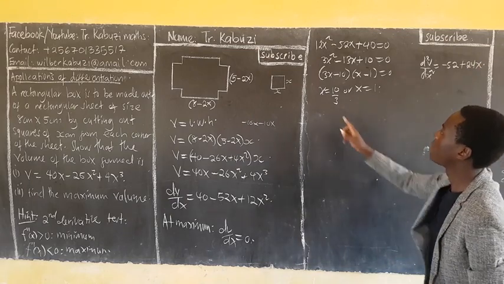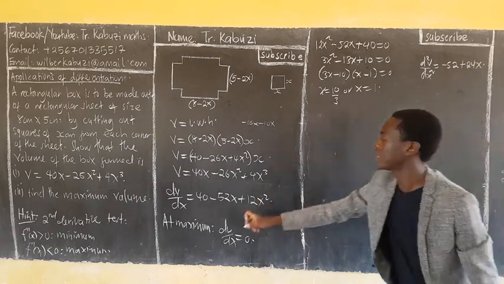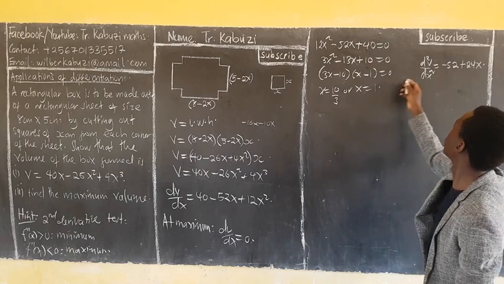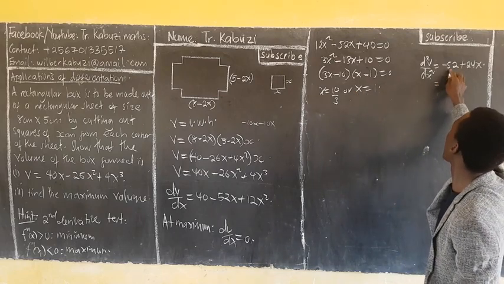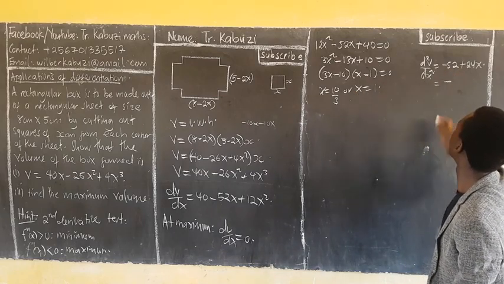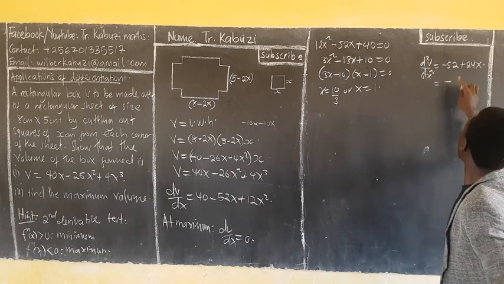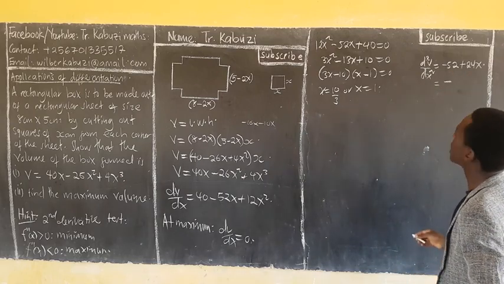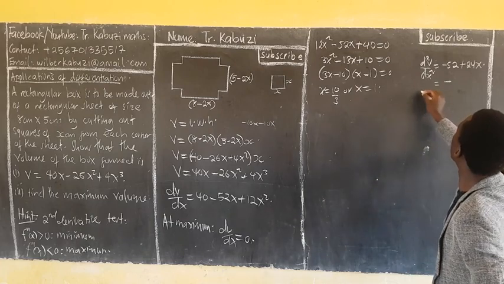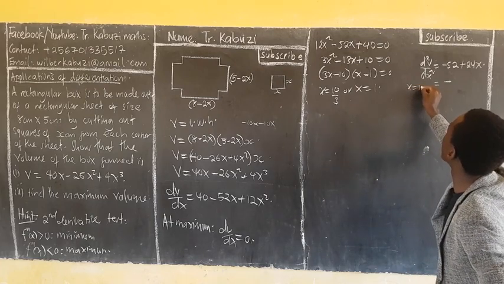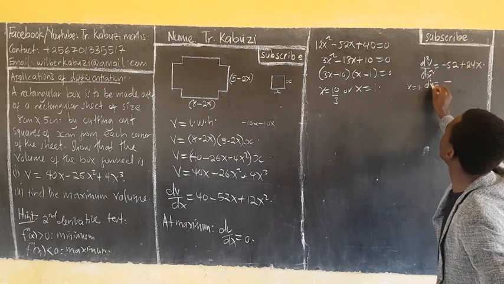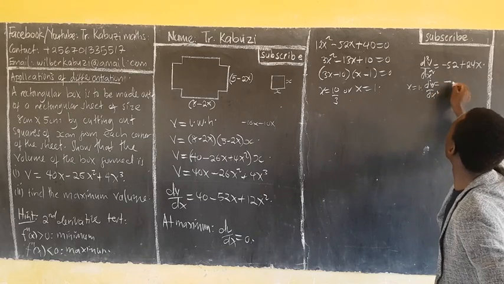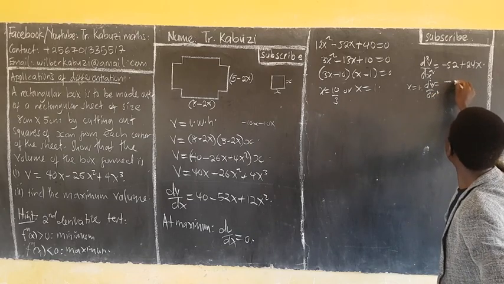Now, I start substituting the values of x at the maximum. So when x is 1, when I put in 1 here, I'll be having a negative as the overall answer. So that my second derivative, d squared V over dx squared, is equaling to negative 28.